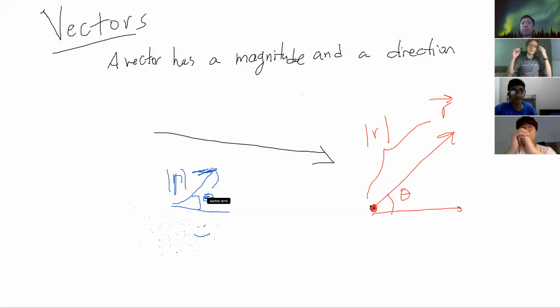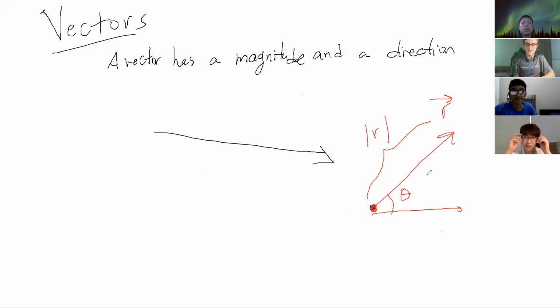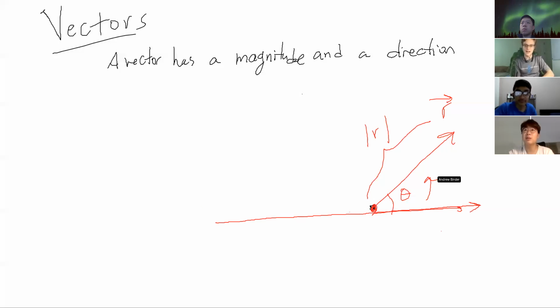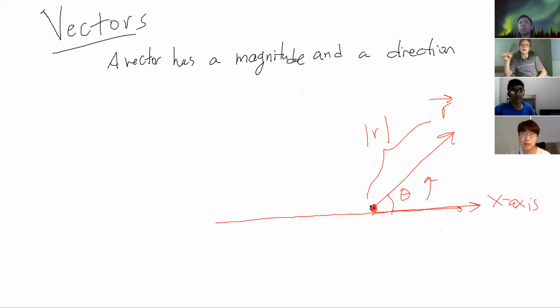So that's why for vectors, it's standard that we orient based on the x-axis. This angle will go counterclockwise with respect to the x-axis, and that's our direction. So does anybody want to tell me why I put absolute value of R for the magnitude?